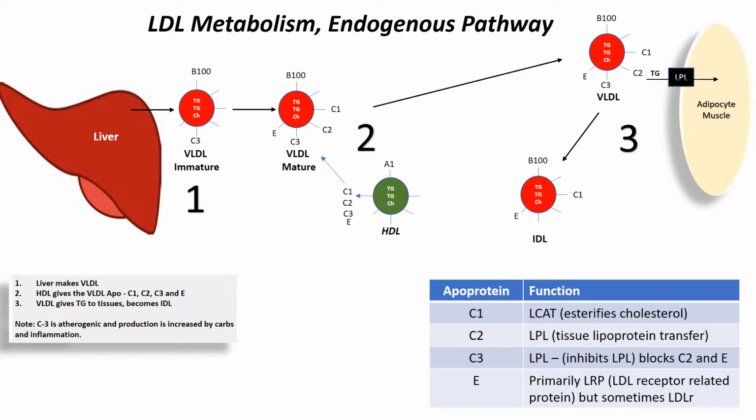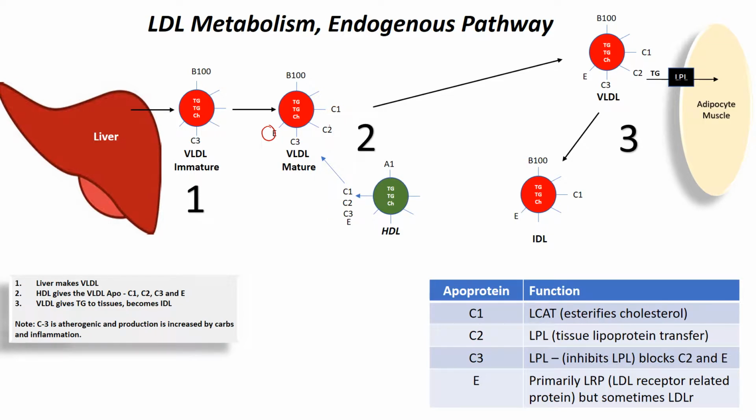Now that VLDL, it's going to encounter an HDL, just like the chylomicron did. And the HDL is going to do the same thing it did for the chylomicron. It's going to transfer over some apoproteins, all the same ones that you saw earlier. And those apoproteins are going to associate with that VLDL.